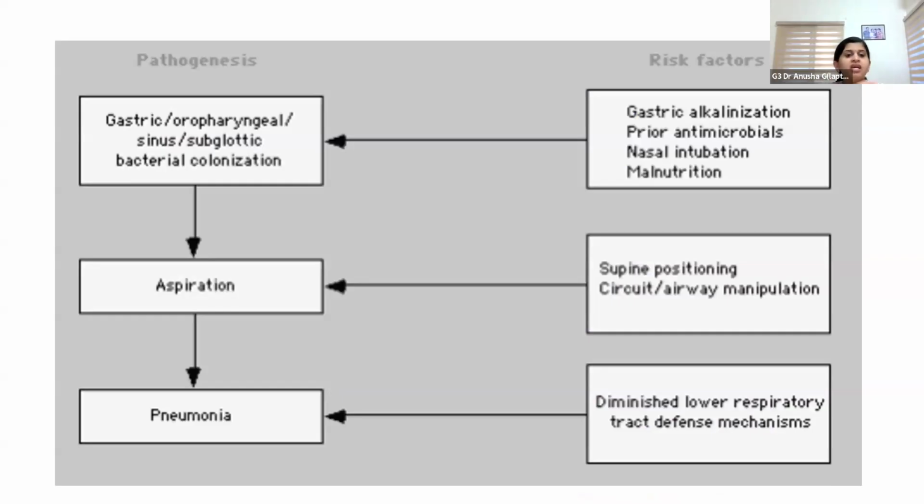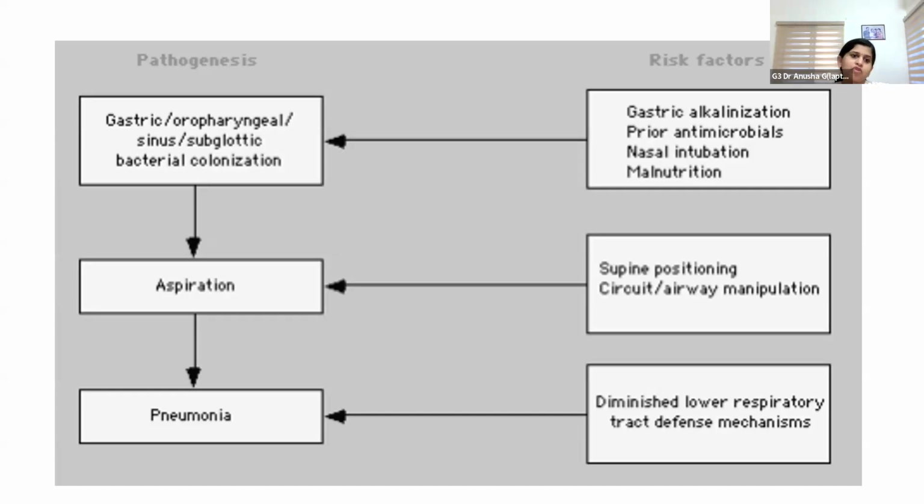Same thing is mentioned here. So if you have a gastric or oropharyngeal or subglottic bacterial colonization, that can be aspirated and cause pneumonia. And what are the risk factors for each of them? For example, for subglottic bacterial colonization, the risk factor is if the person is malnourished, has had prior antimicrobials, or has had a nasal intubation.